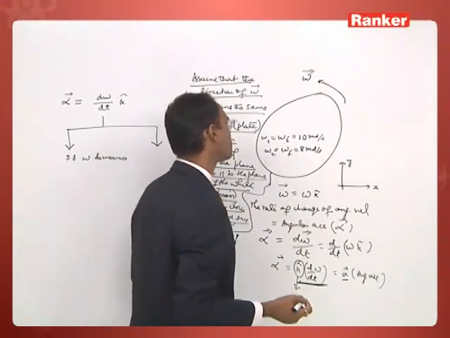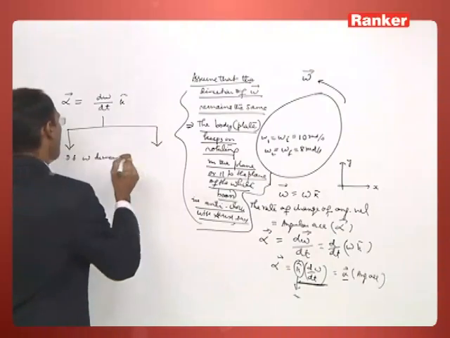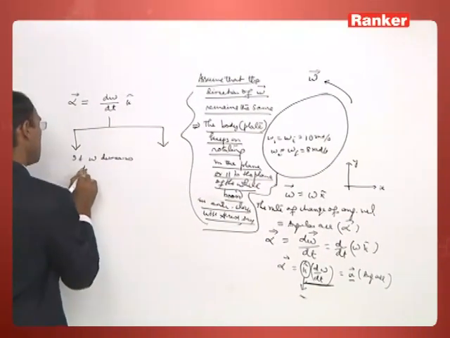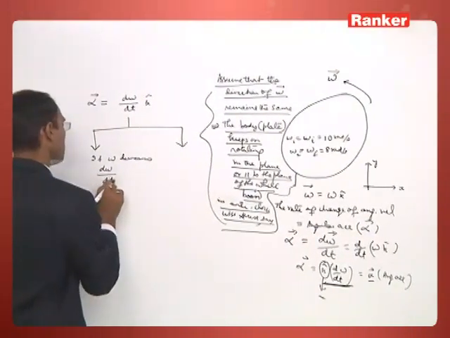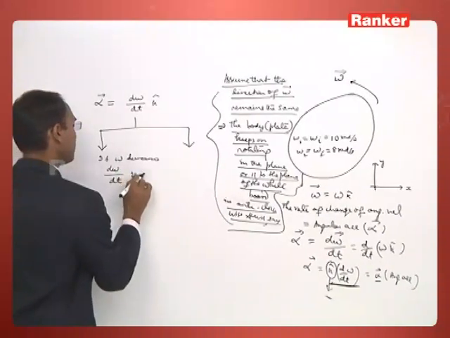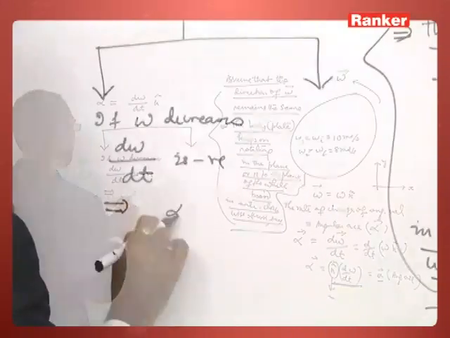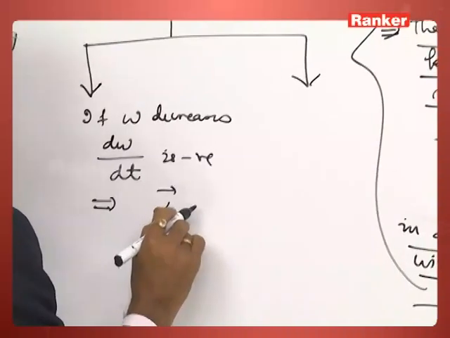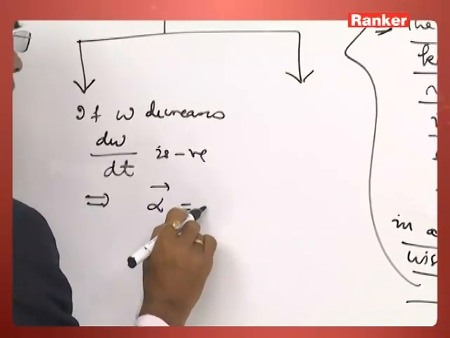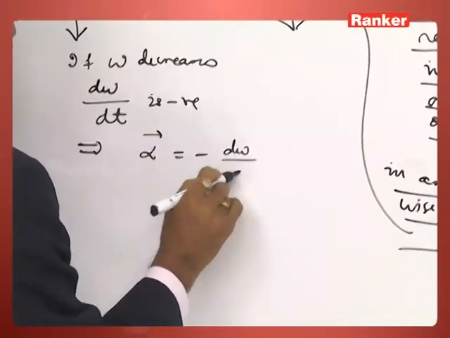When omega decreases, d omega by dt, the difference, is negative. Therefore, alpha is equal to negative of d omega by dt.